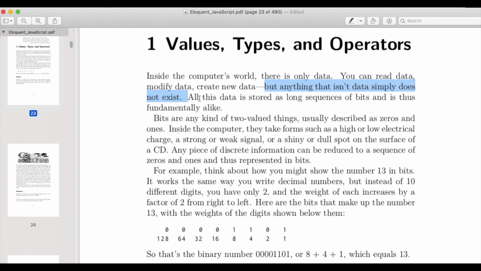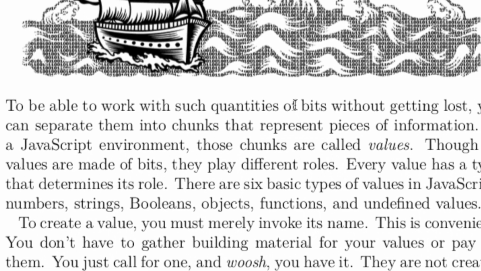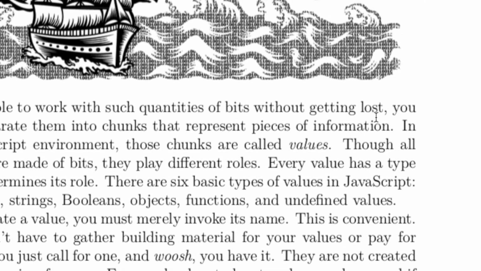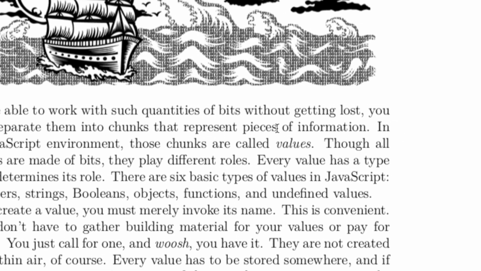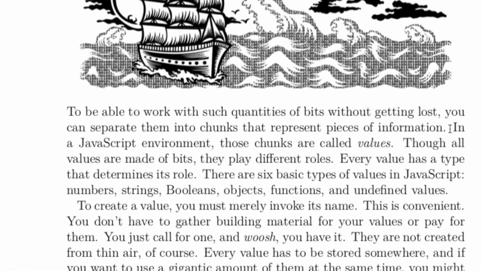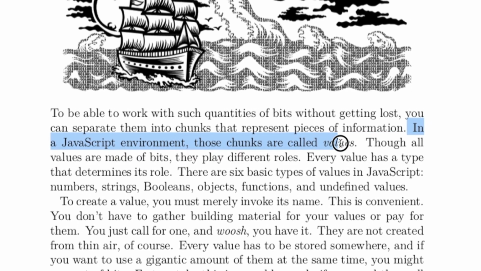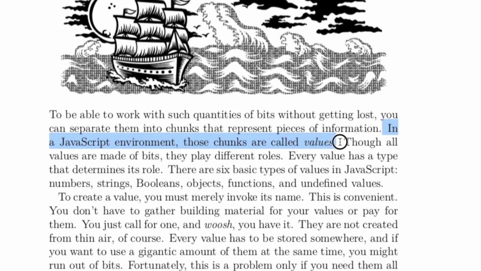Values to our rescue. In JavaScript, to be able to work with such quantities of bits without getting lost, you can separate them into chunks that represent pieces of information. In the JavaScript environment, those chunks are called values.